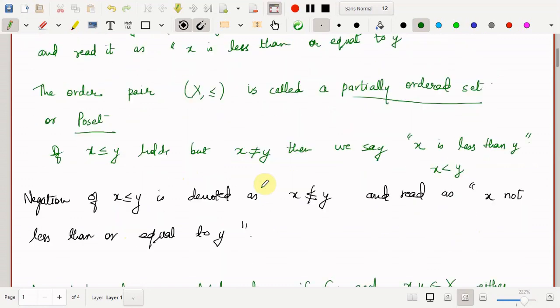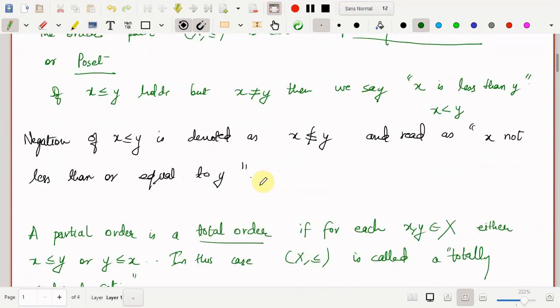Okay, so now, if I go further, how do we write that x is not related to y via the partial order relation? This is the notation: we just strike out the less than or equal to, and we read it as x not less than or equal to y. This does not imply that y has to be less than or equal to x. That is true only when a set is a totally ordered set.